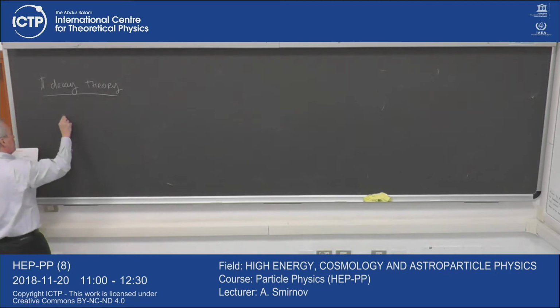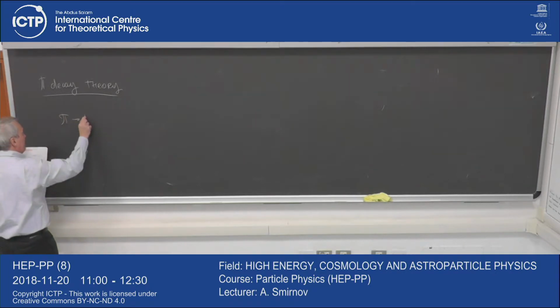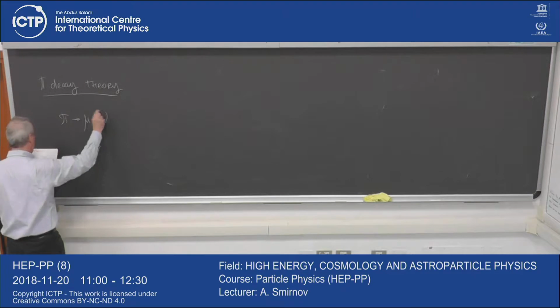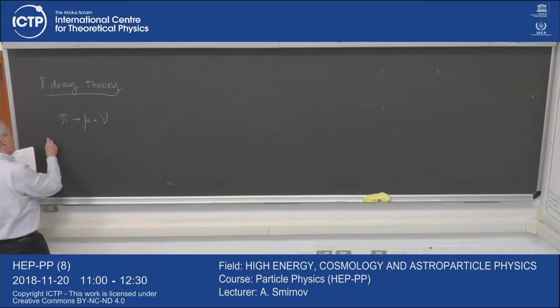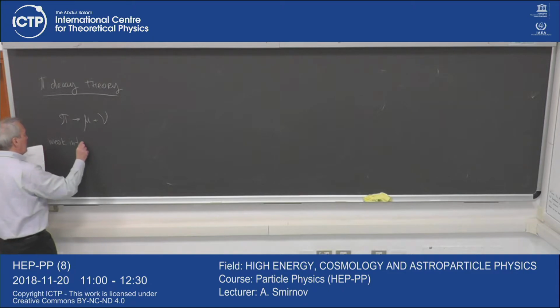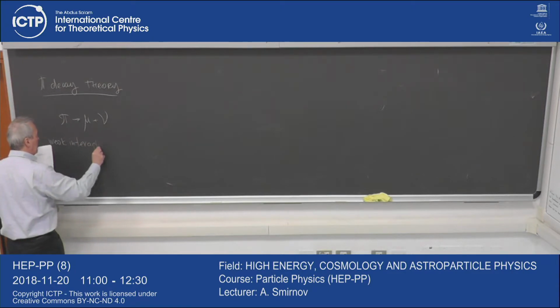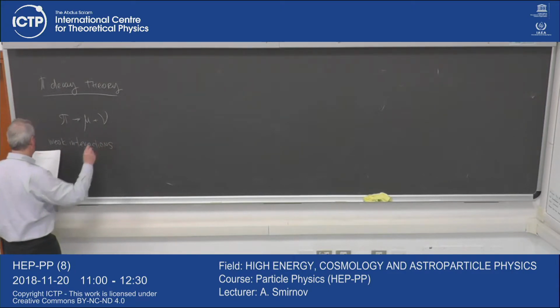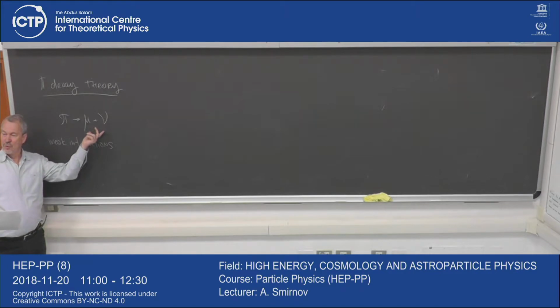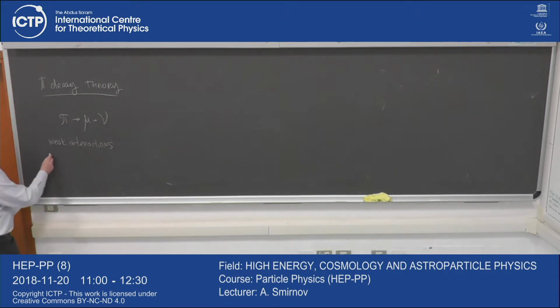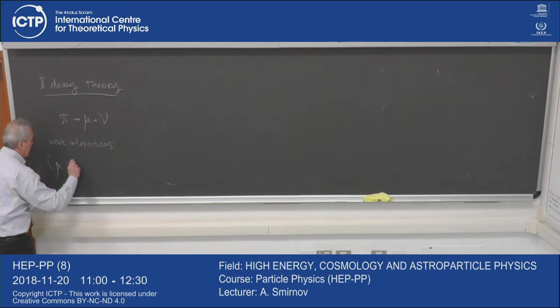The theory: we have a two-body decay of pi into muon and neutrino. This means that we deal here with weak interactions. Again, we see the appearance of two leptons, a pair, muon and neutrino.